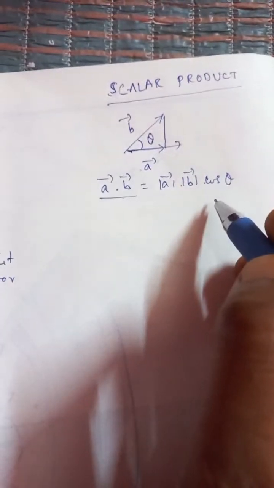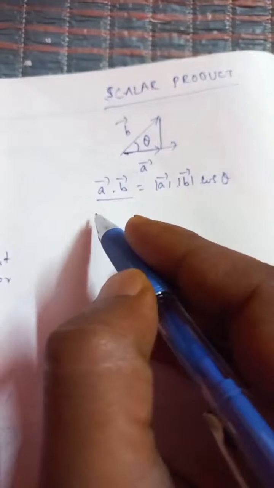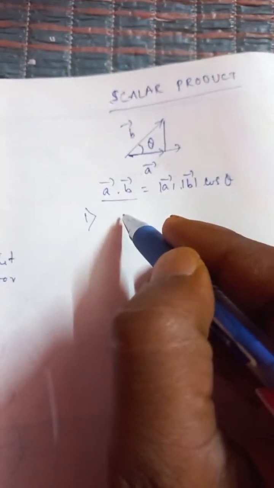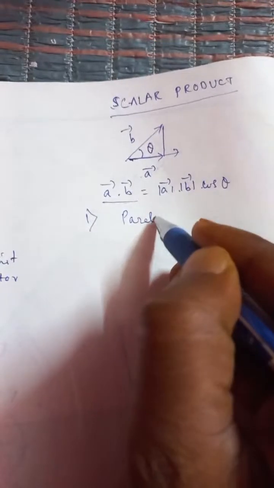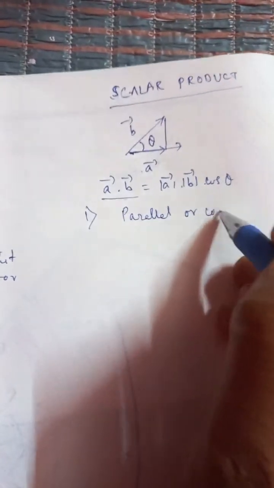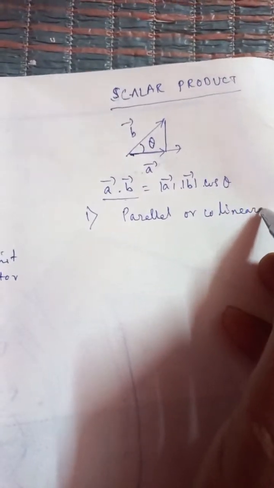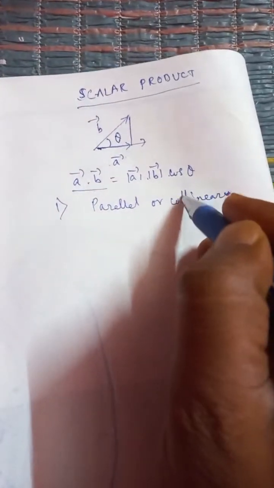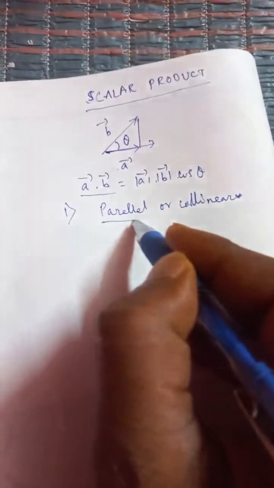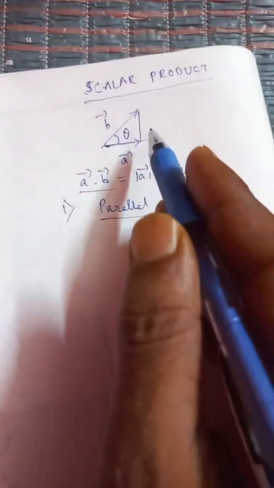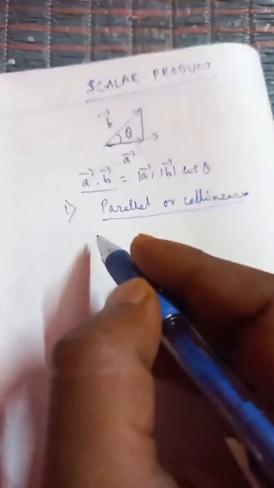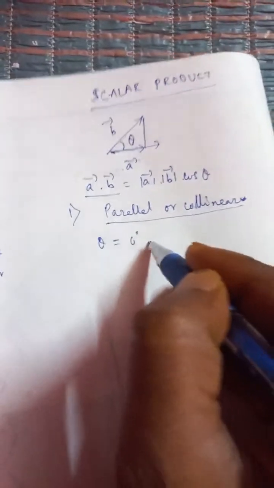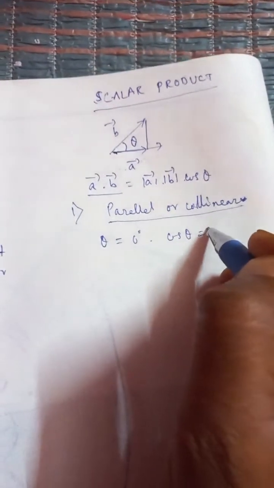Here, when they are parallel or collinear, the two vectors under the scalar product are parallel or collinear when theta is equal to 0 degrees, or cos theta is equal to 1.